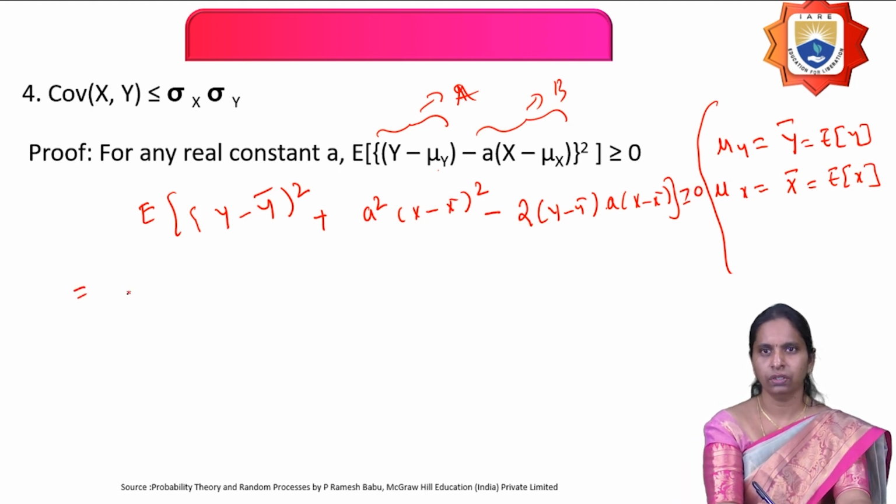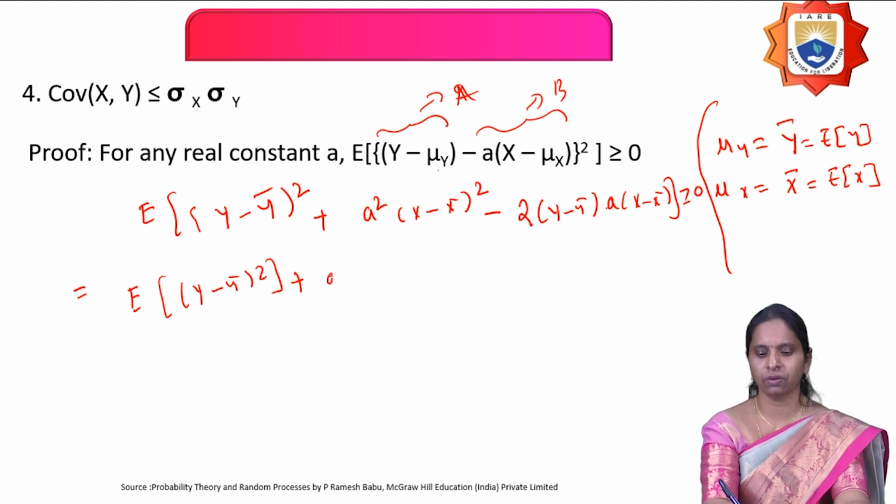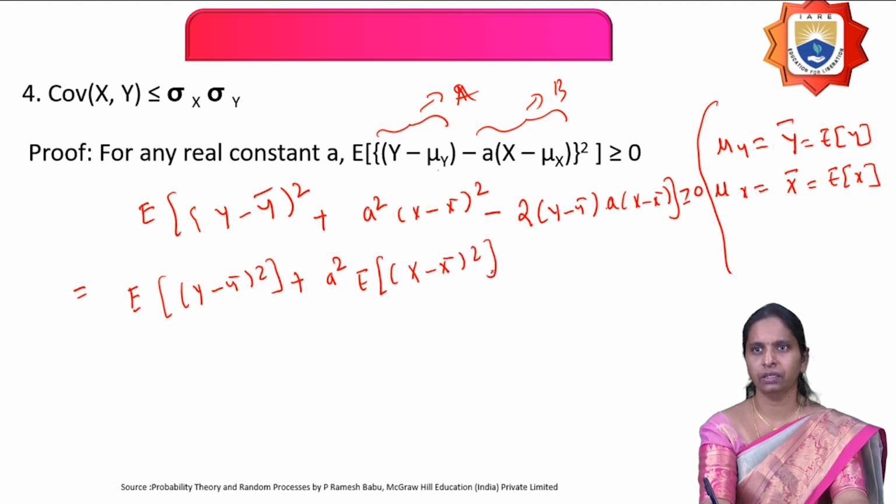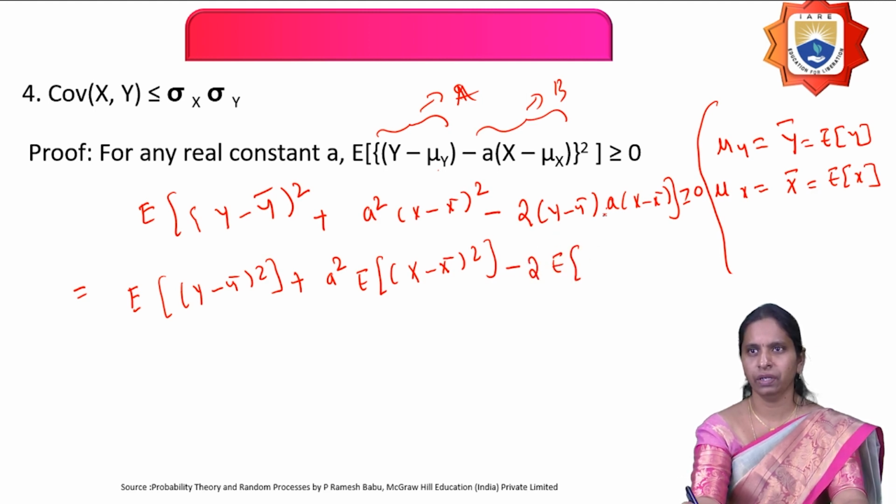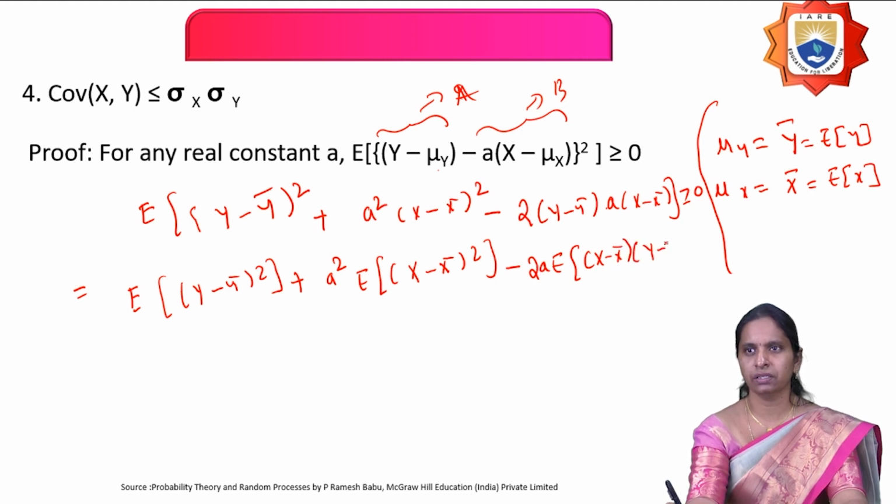It equals expectation of, how can I write this? Y minus y bar whole square plus a square, which is constant. You can bring it outside: a square into expectation of x minus x bar whole square, minus 2, constant, we get outside, 2 into expectation of, here a is also constant, bring it outside, minus 2a into, you can write this as x minus x bar into y minus y bar.